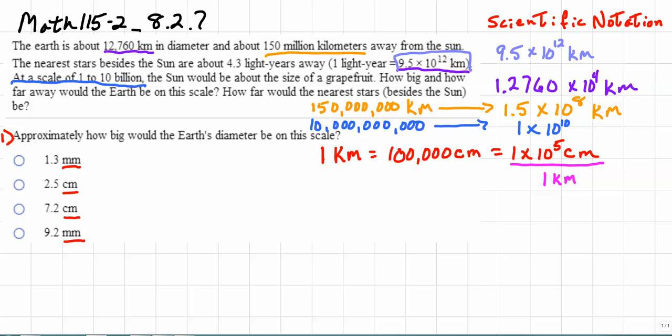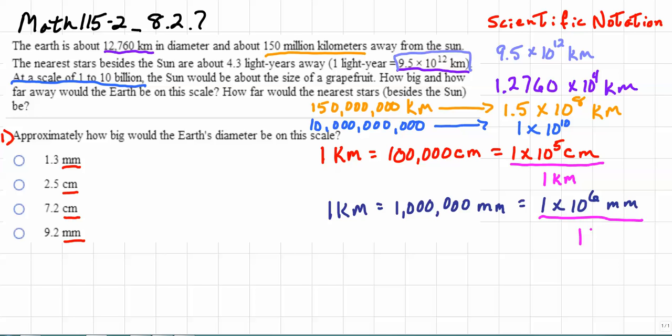I also want to point out for this problem that 1 kilometer is equal to 1 million millimeters. Once again, in scientific notation, that's 1 times 10 to the 6 millimeters compared to 1 kilometer. I need both of these since my possible answers are either in millimeters or centimeters.